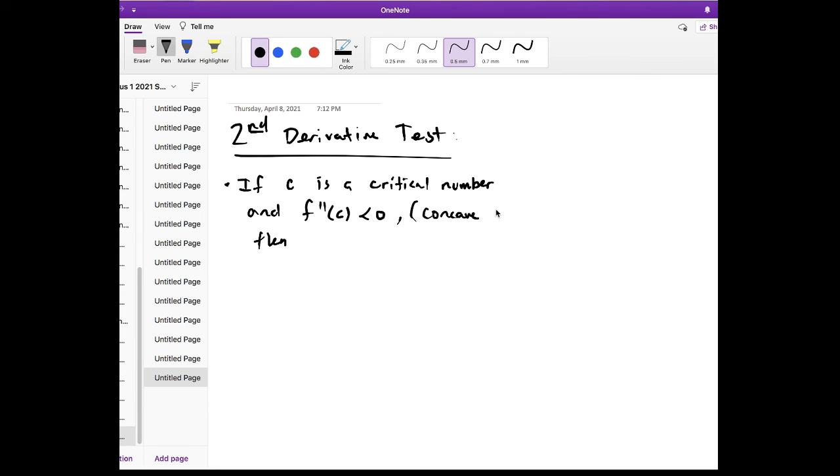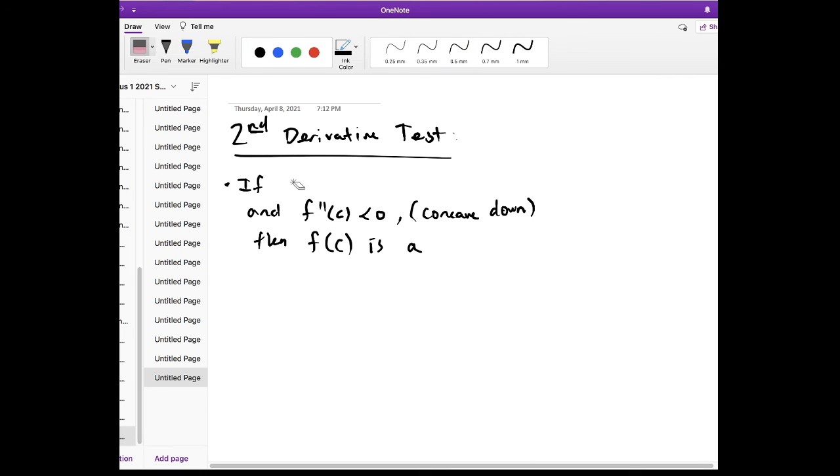Down, negative, concave down. Then what do you think f of c is? Do you think it's a max or a min? I'm sorry, I don't want critical number, because that may not be true. f prime of c is equal to 0. Max, yeah.